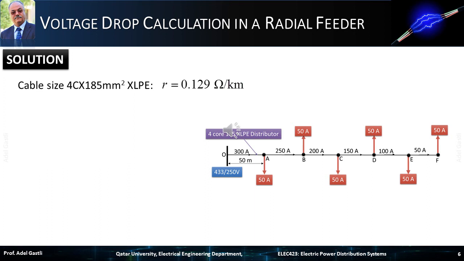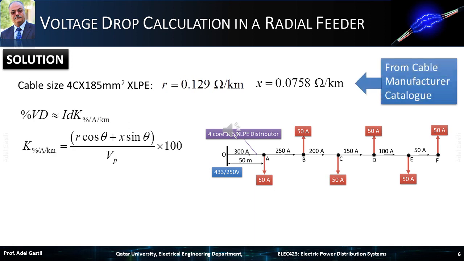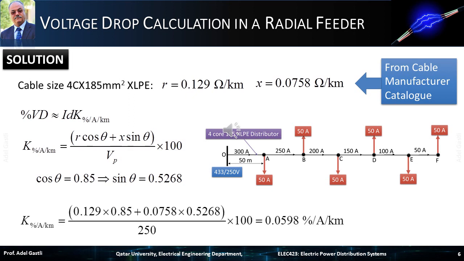To calculate the percent voltage drop, we can use this equation, where the constant factor K is determined by this equation. Knowing that the power factor is cosine theta, which equals 0.85, we can calculate sine theta, which equals 0.5268. So, the factor K can be calculated as follows, and we find that it equals 0.0598% per ampere per kilometer.